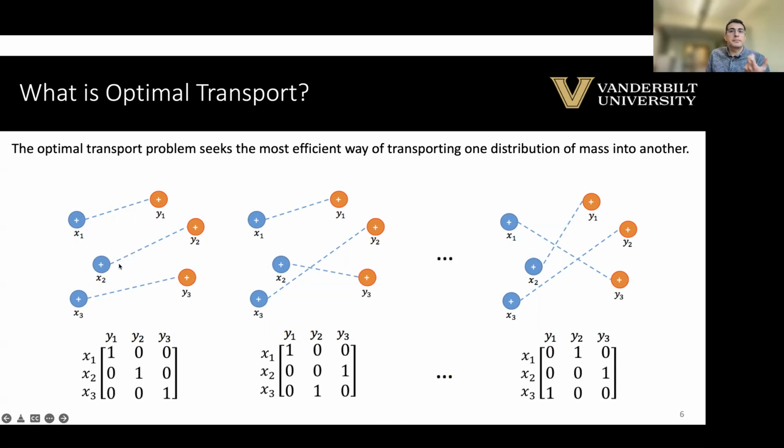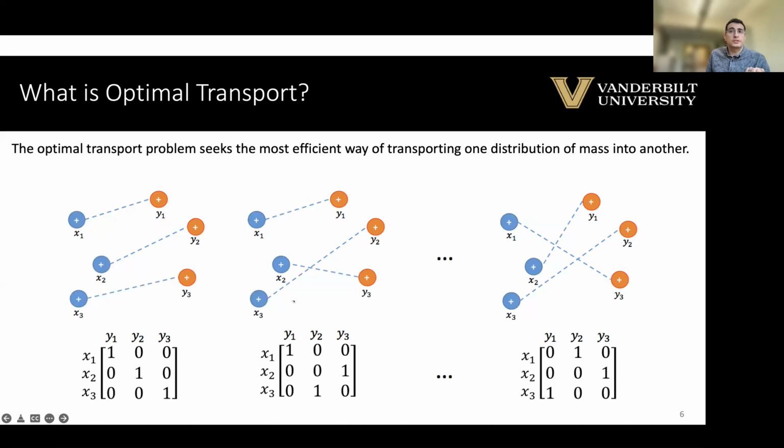Of course, there are many ways that we can plan to transport our mass from x's to y's, right? One is take x1 to y1, x2 to y2, x3 to y3, and that's going to give us a transportation plan that looks like that, right? We could have had other transportation plans.